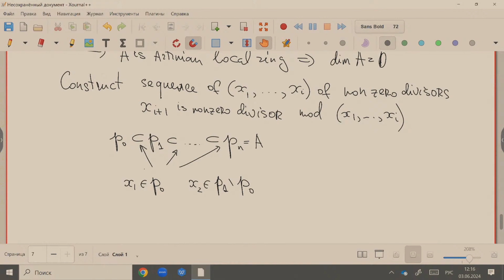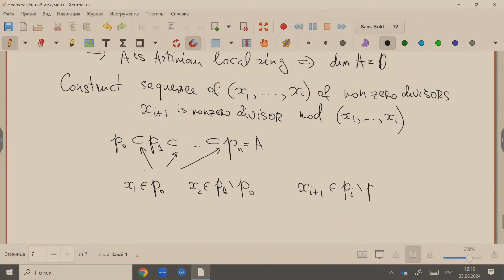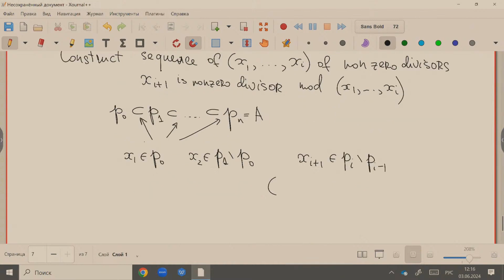So how to check that this is a non-zero divisor at each step. We see that at each step xi plus 1 belongs to pi minus the previous pi. And notice that when you consider this step, all the previous sequence sits precisely in the previous pi.